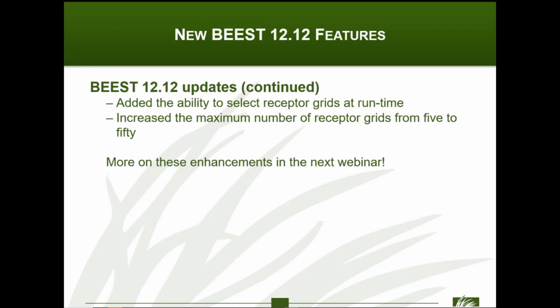Originally, Beast only could handle 5 individual receptor grids, and they could be a mishmash of Cartesian or polar. Well, now we have increased that number of grids from 5 to 50. And as I said, we'll be talking more about these in the webinar coming after this.